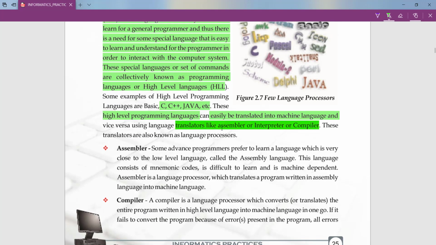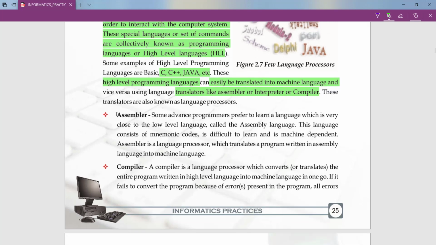First I am going to teach you about the assembler. Write the side heading assembler. What is the assembler? An assembler is used only with the assembly language.